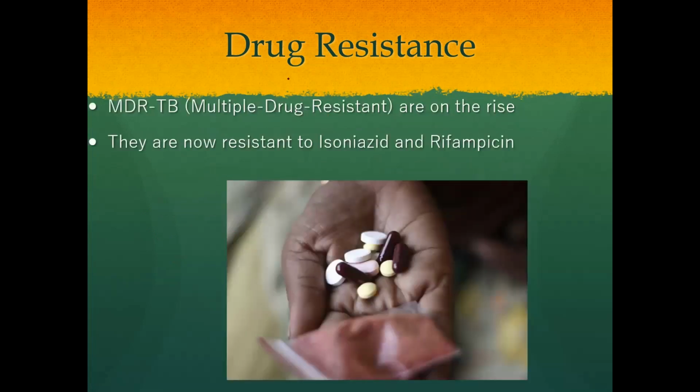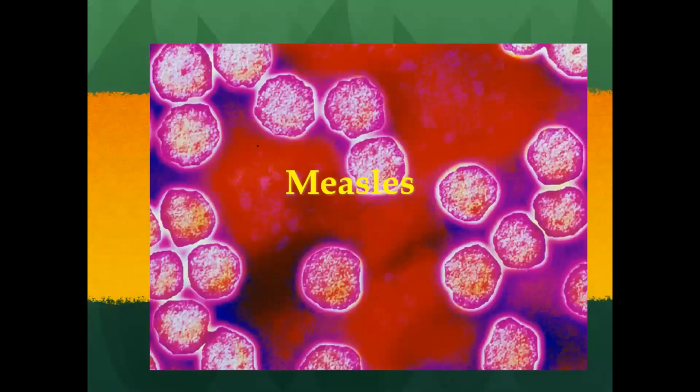These days, multi-drug resistant strains are on the rise, and they are now resistant to the recommended drugs, isoniazid and rifampicin. They are not able to act on these because the bacteria have become resistant now. Okay, so that much about tuberculosis.